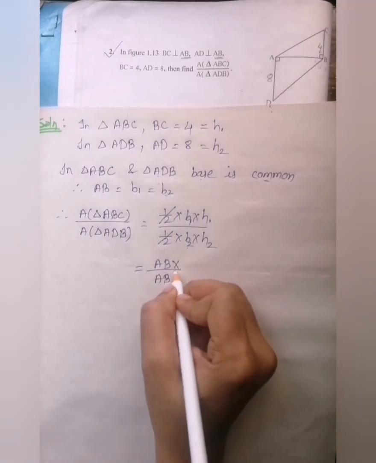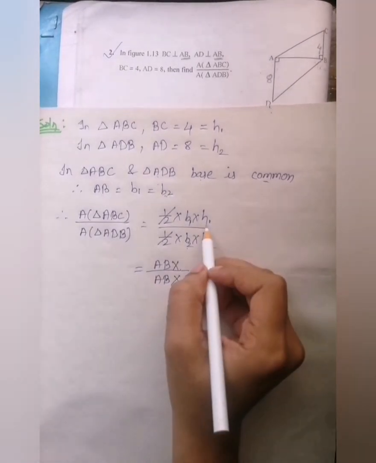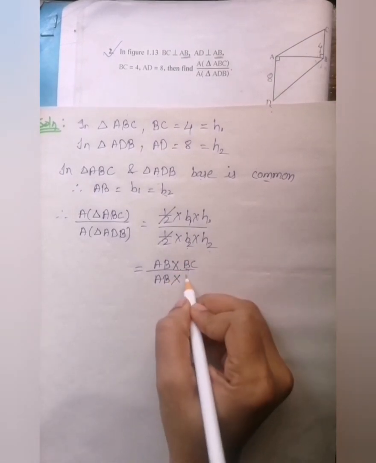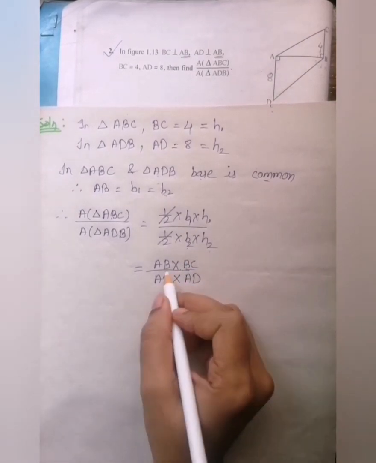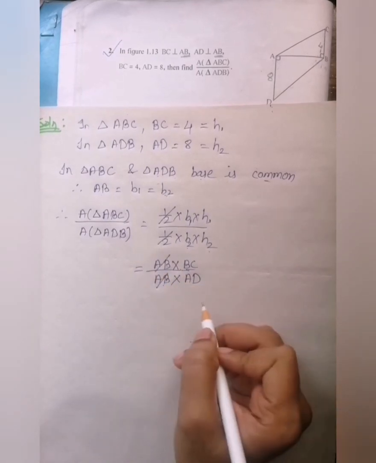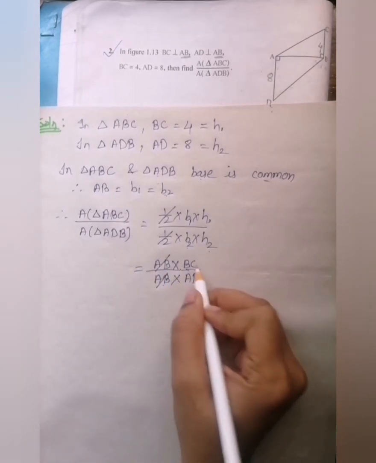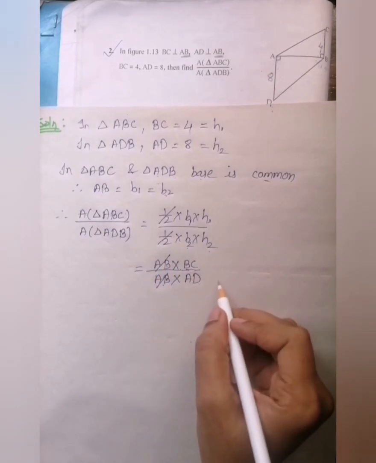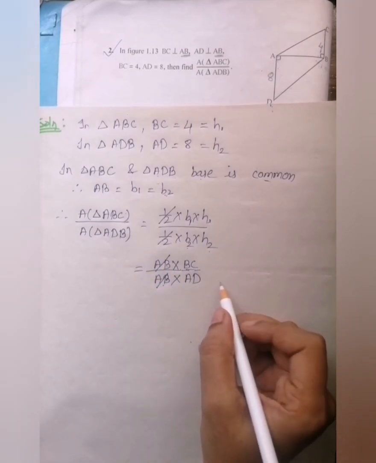Now multiply. H1 is BC, and H2 is AD. Now AB and AB get cancelled. This is a property that we learned in our previous lecture.